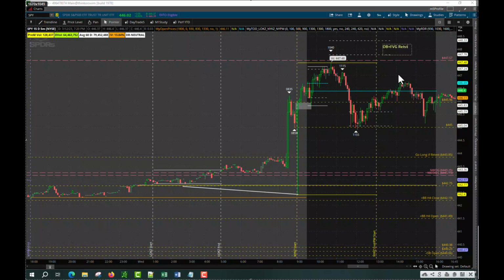Retest, okay. And it overlaps with the DR model, right? DR model, retracement, right?